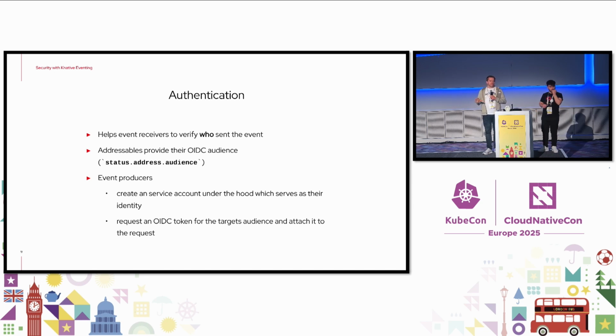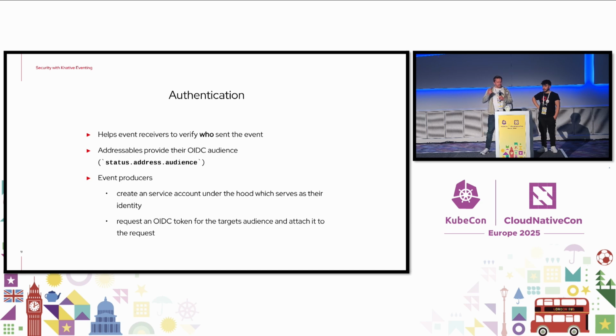This is an auto-generated unique field, and it will be automatically pre-populated for you when the OIDC authentication feature is enabled. Event producers, on the other hand, also create a service account under the hood for you, also automatically. And this new service account serves as their identity when sending events.